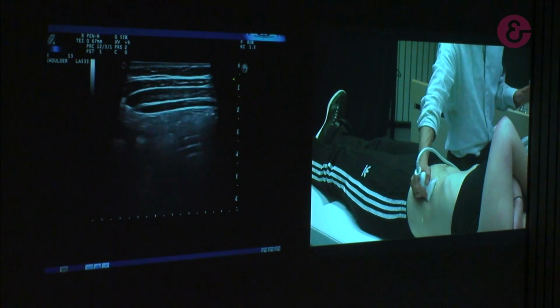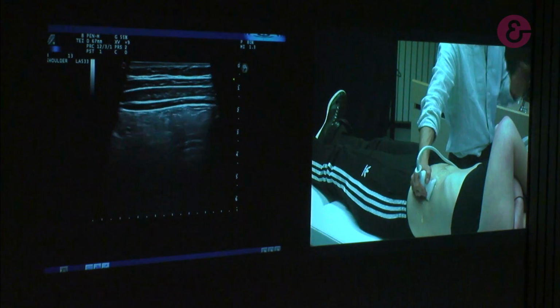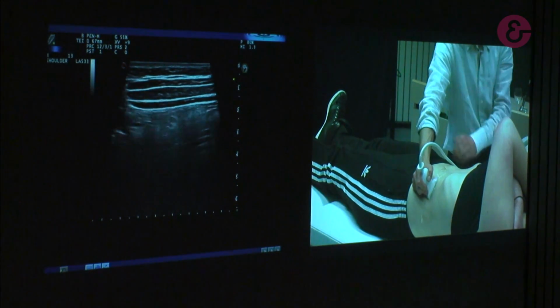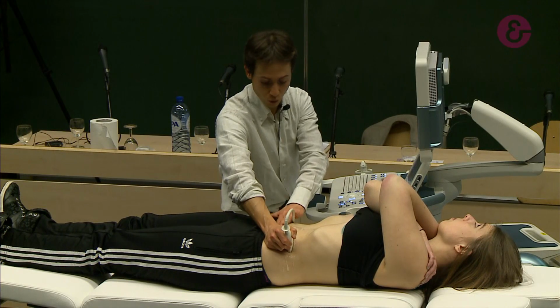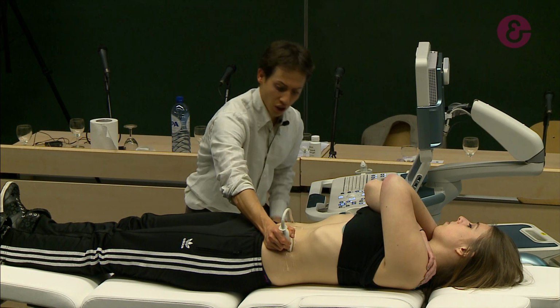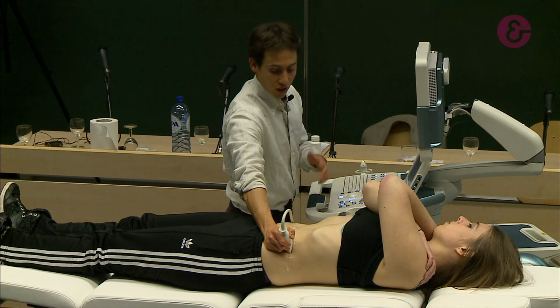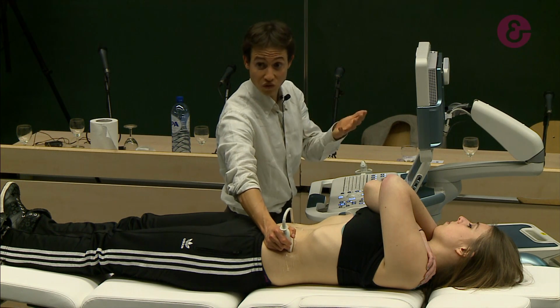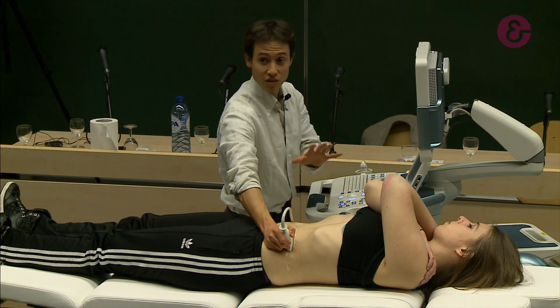This is the cue that I use, but in literature you can find a lot of different cues. You can ask them to draw the abdominal wall in, or to imagine a cable from here to the floor. Some people suggest to imagine to contract the pelvic floor muscle. So we can use different cues. Normally I start with this.